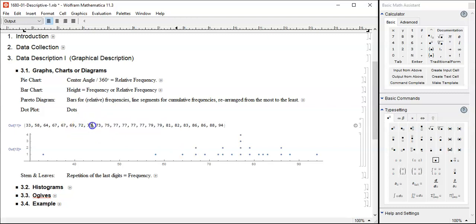Okay, 72, 73, 73. 72, I have this dot, and 73, I have 2 dots. And 75, at 77, I have 4 dots. Indeed, there are 4 dots. Do you see? And then 2 dots at 79, and so on.